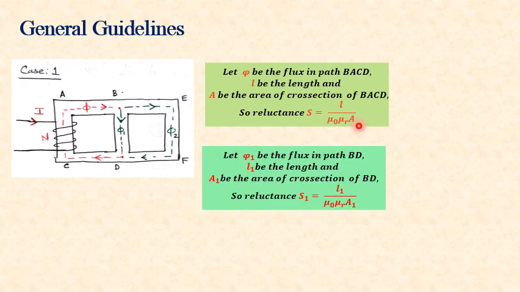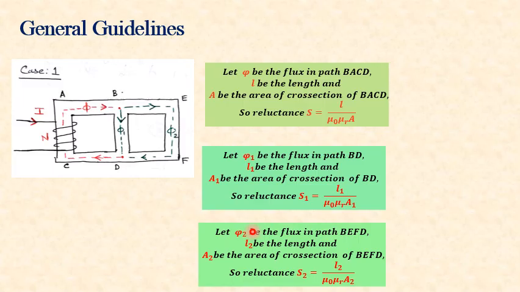Similarly, let phi 1 be the flux in path BD, L1 be the length and A1 be the area of cross section of path BD. Then the reluctance of the path BD, that is S1, equals L1 by mu 0 mu r into A1.